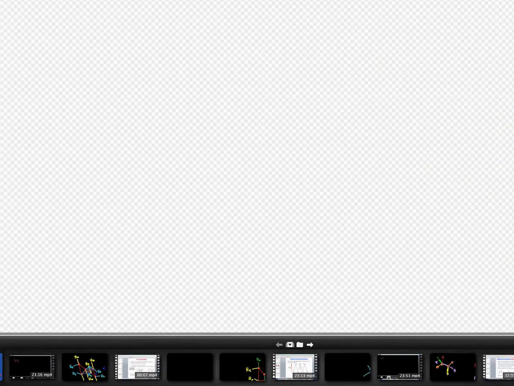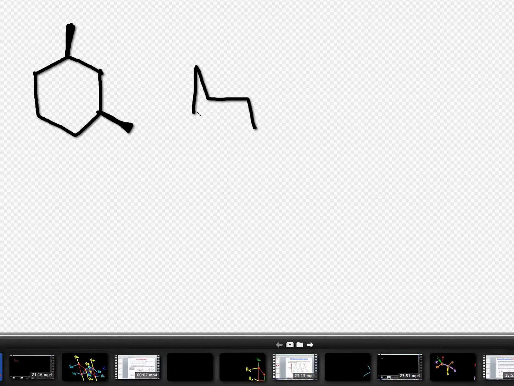And now let's look at 1,3 cis. Again, it's going to be very structurally similar. So when I draw my chair conformation, when you guys get the hang of doing these chair conformations, this is going to be very simple to analyze a lot of these very, very quickly. So we're going to have a methyl group that goes north. And we're going to have another one that goes north, and this has to be axial.